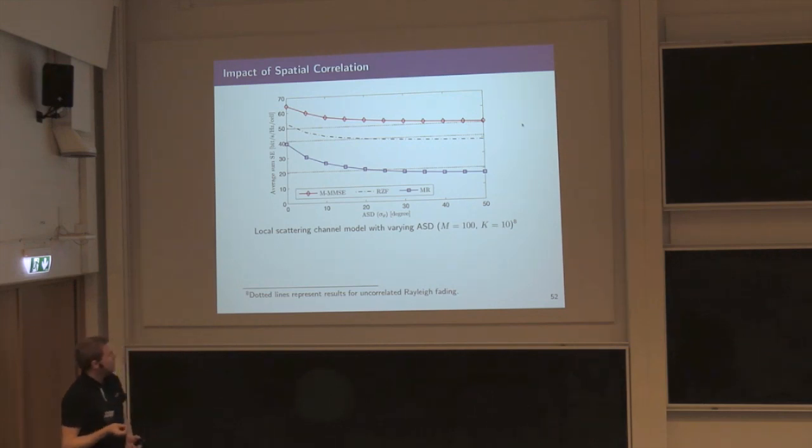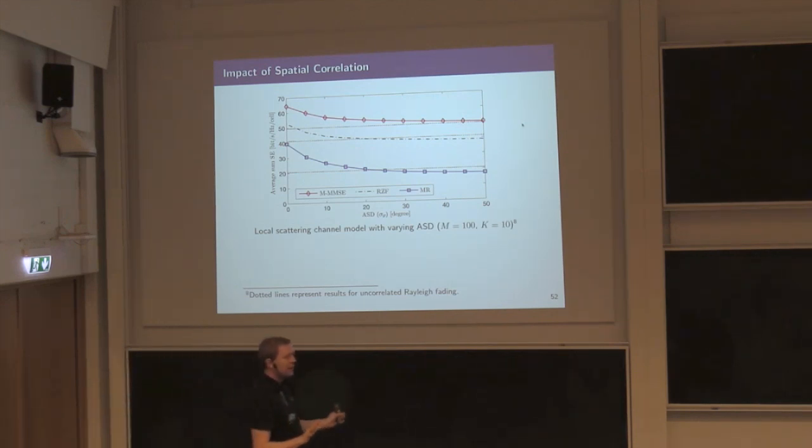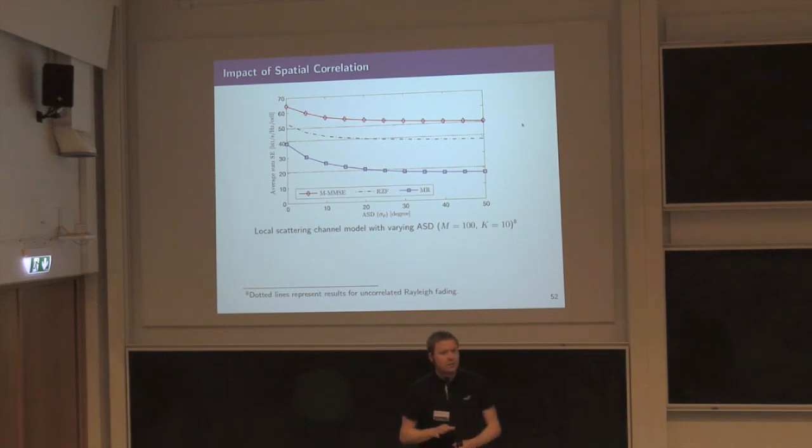One can also ask the question, okay, this is for some rate, what happens for particular users? And one can talk for a long time about that. On the average, as you move around in the world, in these cases here, with 10 degrees angular standard deviation, you will always be better in a probabilistic sense.